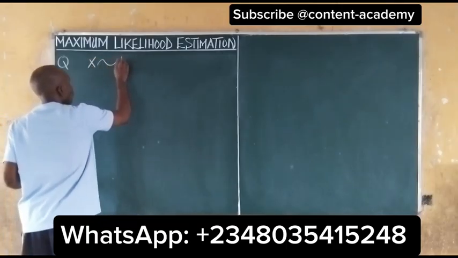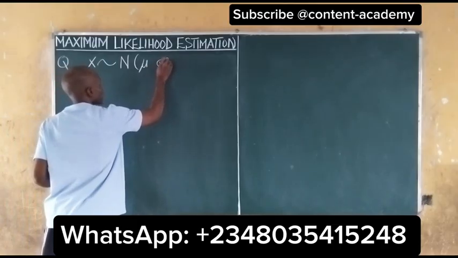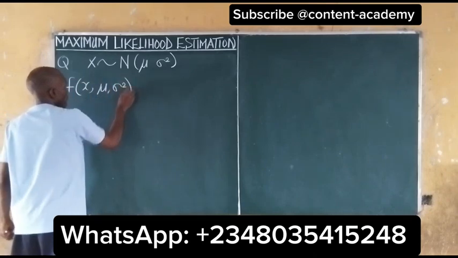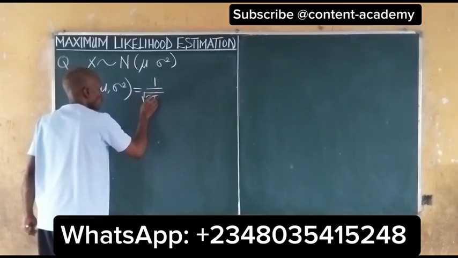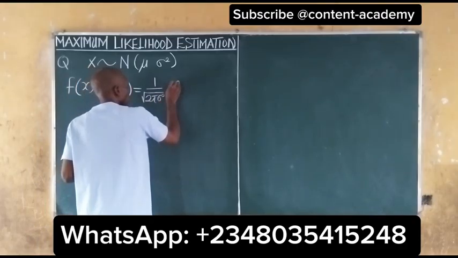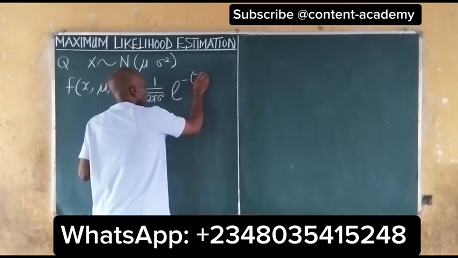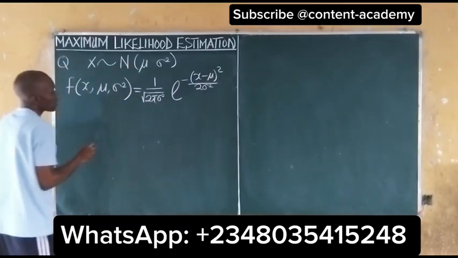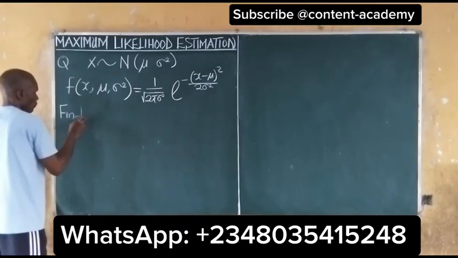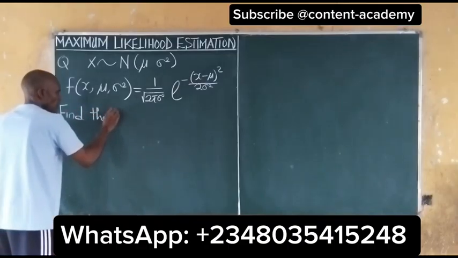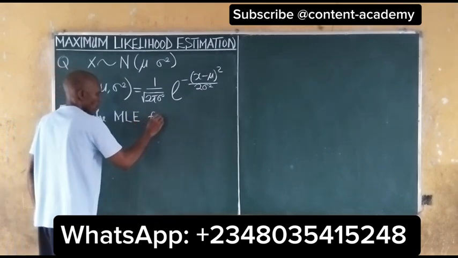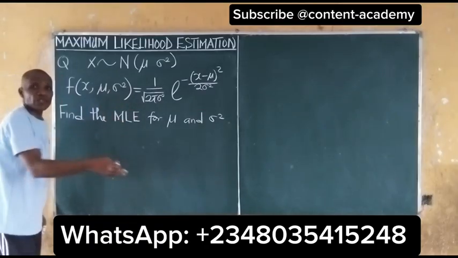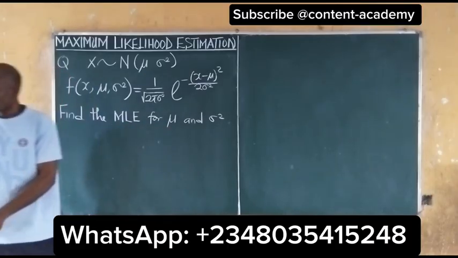If X follows a normal distribution with mean mu and variance sigma squared, and the PDF is given as 1 over square root of 2 pi sigma squared exponential negative (x minus mu) squared all over 2 sigma squared, find the maximum likelihood estimate for the mean and the variance sigma squared.